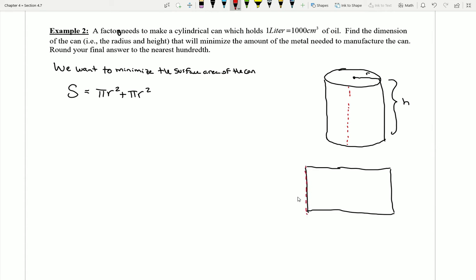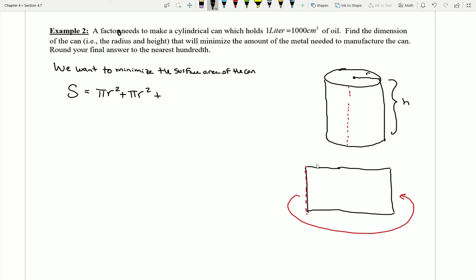So if I rejoin these edges back together, I'm going to create the cylinder shape. This makes it a lot easier to understand how I find the surface area for this outside cylindrical piece. What I can use is the height multiplied by the length of this rectangle.